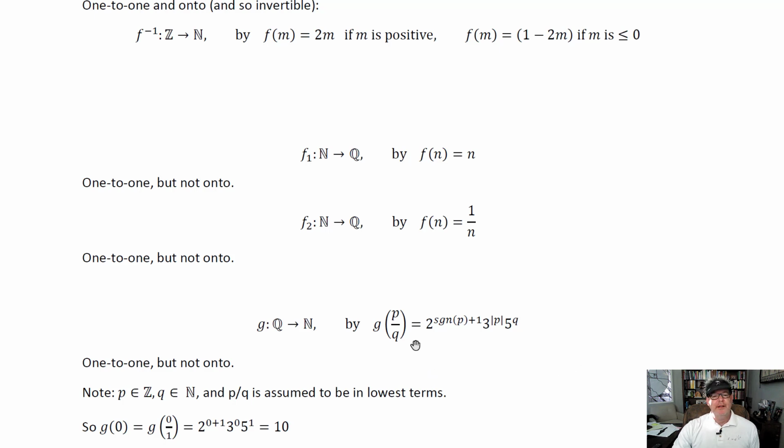And so for every rational number, and I'm including negatives, and so the rational p over q can be anything, map it to essentially 3 to the numerator, but I want it to be absolute value, because if p were negative, I don't want 3 to the -4 power or something. So 3 to the absolute value of p, 5 to the q, and then to distinguish between positive and negative, I have 2 to the sine of p plus 1.